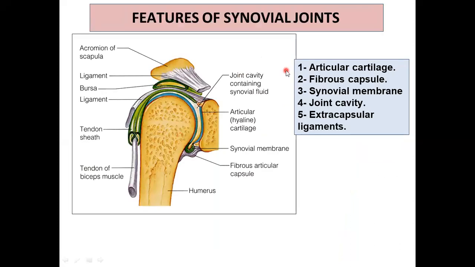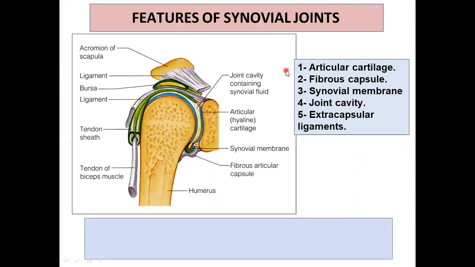The features of synovial joints include articular cartilage, fibrous capsule, synovial membrane, joint cavity, and extracapsular ligaments. The fibrous capsule, synovial membrane, articular cartilage, hyaline cartilage, then there's a joint cavity which includes the synovial fluid.